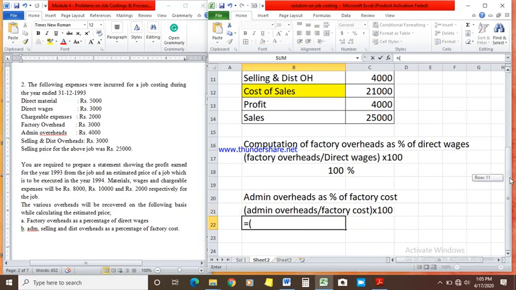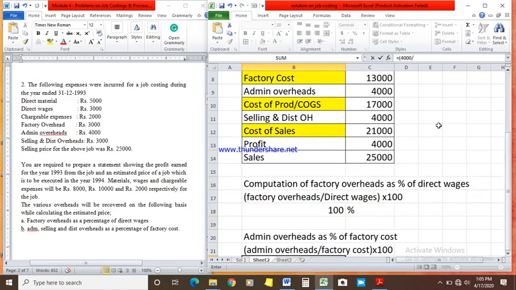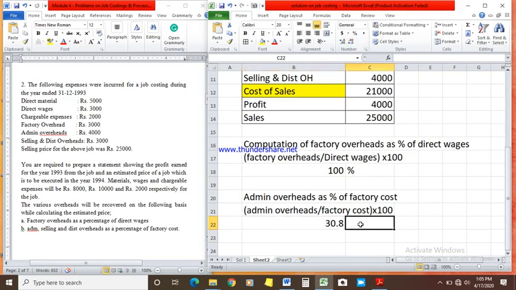In this problem, the administrative overhead is 4,000 divided by factory cost, which is 13,000, multiplied by 100. So we get 30.76%. I'll round it off to 30.8%.